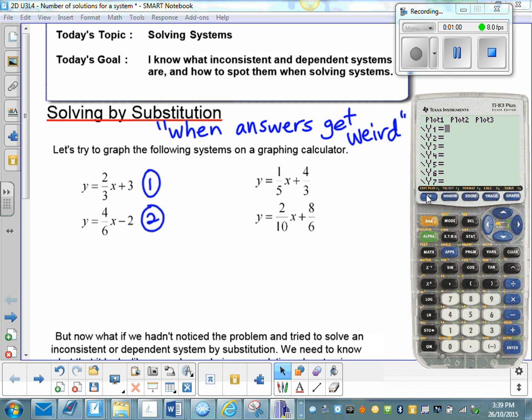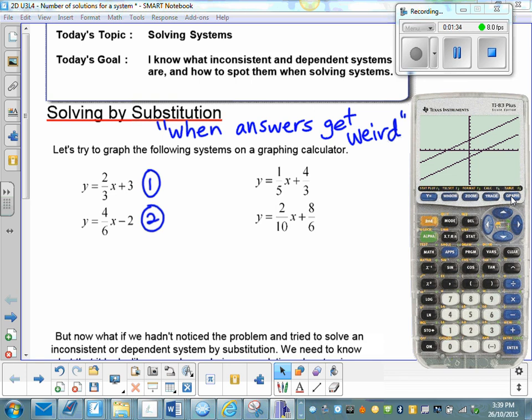So y equals 2/3 x plus 3. And then I'll put in the other equation, which is 4/6 x minus 2. And when I hit graph, there's my first line, and there's my second line.